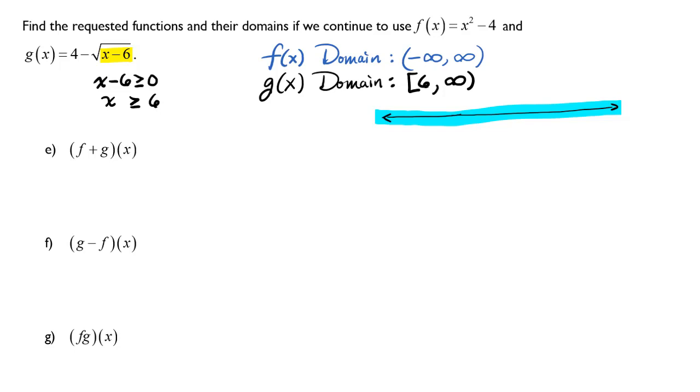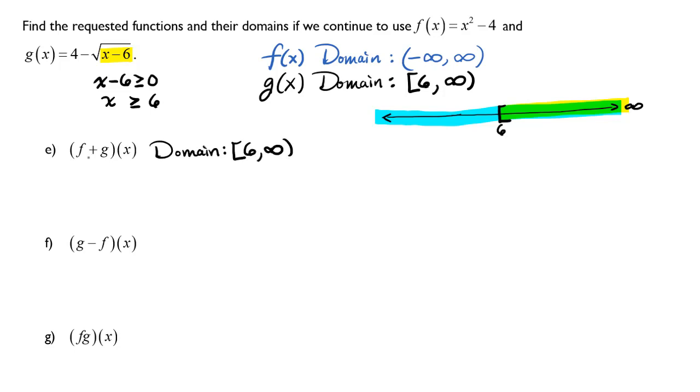However, if I was to graph the domain of g of x, it would be from 6 to positive infinity, where if I highlight just that interval, it would be from 6 to infinity. So the function f plus g of x has a domain from 6 to infinity.